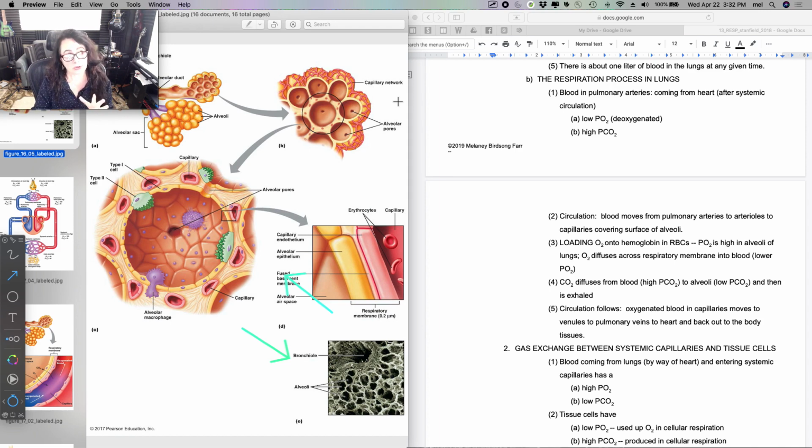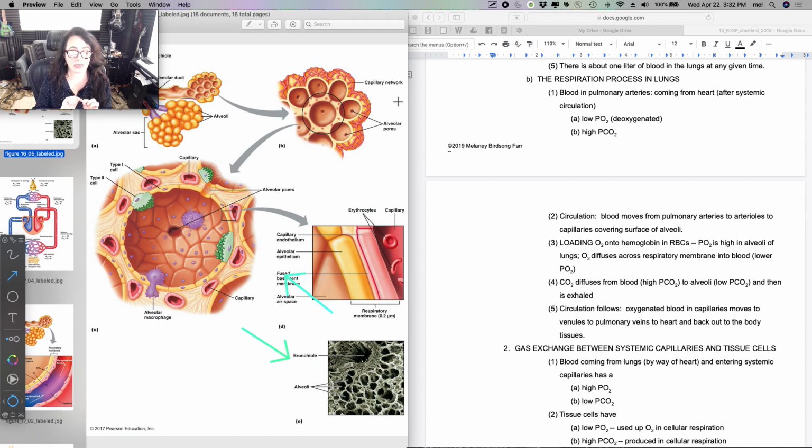But what happens, of course, is the oxygen not just moves into the blood plasma, it actually moves into the red blood cell and takes a ride on hemoglobin, which, of course, when oxygen binds to the iron, the heme portion of hemoglobin, it makes the blood bright red.